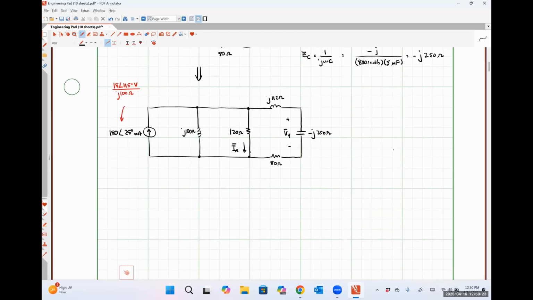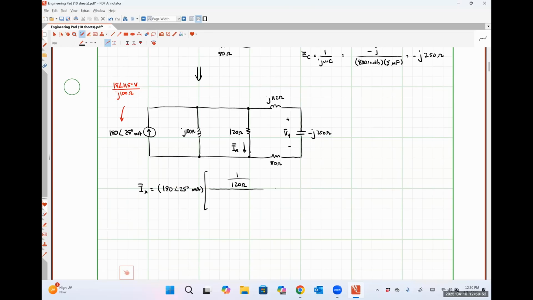So applying current division, we would say that Ix is going to be equal to our known current, which is 180 angle 25 degrees milliamps. And then in my numerator, I'm going to put the reciprocal of the total impedance of the branch that I'm interested in, which in this case is going to be 120 ohms.